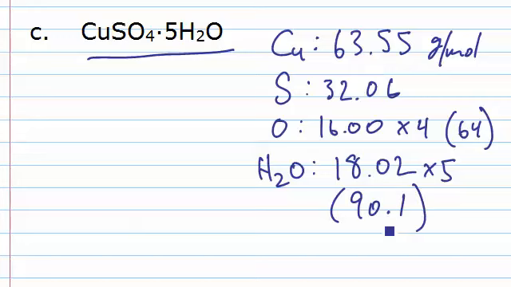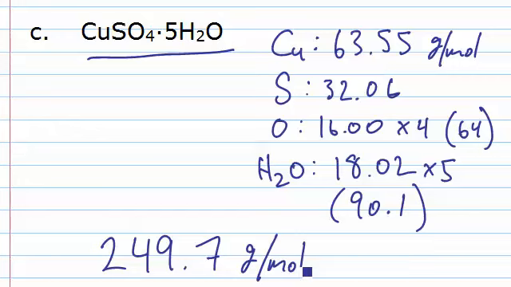And we're going to add to that 1 copper, plus 63.55, 1 sulfur, plus 32.06, and our 4 oxygens. 4 times 16 is 64, so plus 64, and we get the molar mass for cupric sulfate pentahydrate as 249.7 grams per mole. So 1 mole of cupric sulfate pentahydrate weighs 249.7 grams.